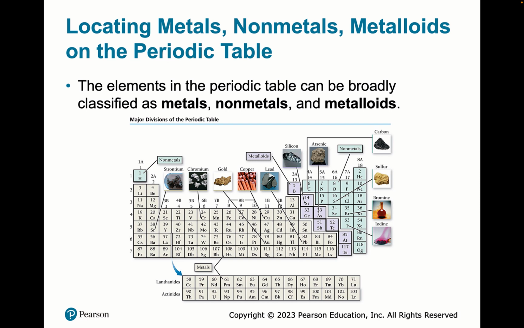So metals, as kind of stated, are very similar. Almost every single metal is silvery in color and shiny. There are a few exceptions. Copper is kind of a red color. Gold is kind of a yellow color.